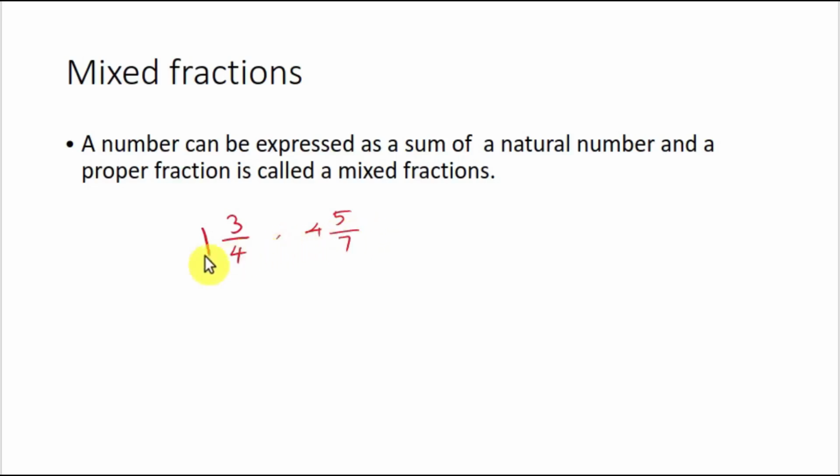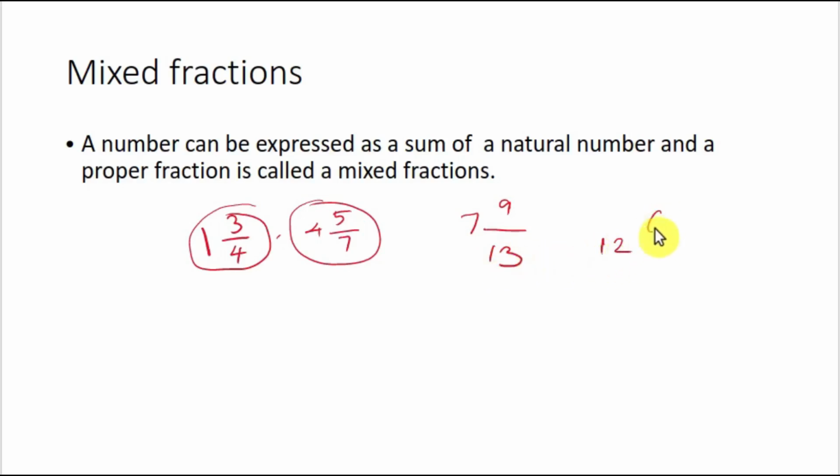So this is an example of a mixed fraction. 7, 9 by 13, 12, 6 by 25. So a number expressed as a sum of a natural number 1, 4, 7, 12 and a proper fraction 3 by 4, 5 by 7, 9 by 13, 6 by 25 is called a mixed fraction.